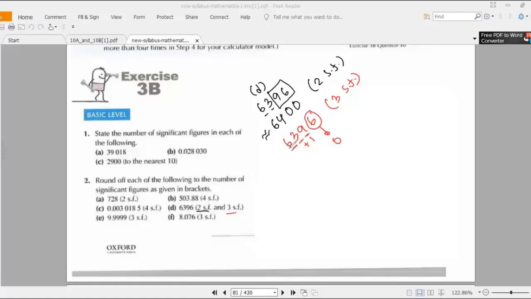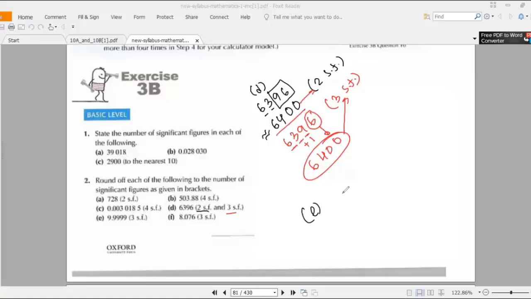Why are we adding 1? Because of this 6, which is greater than 5, we have to add 1 with 639. So 639 plus 1 will give 6400. That is called three significant figures.